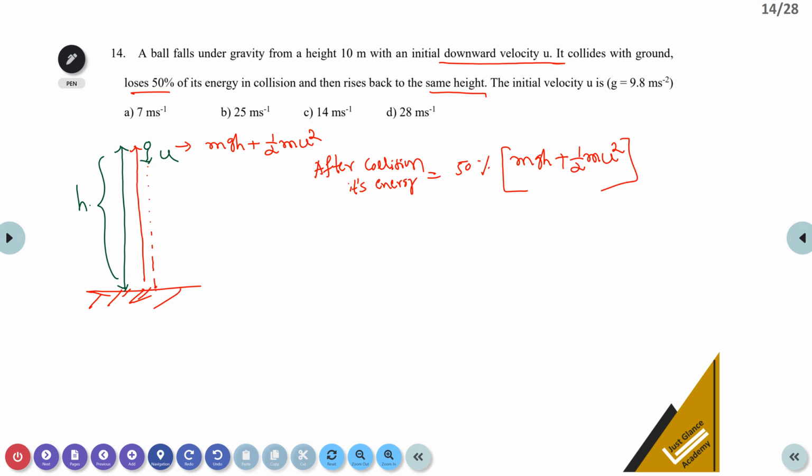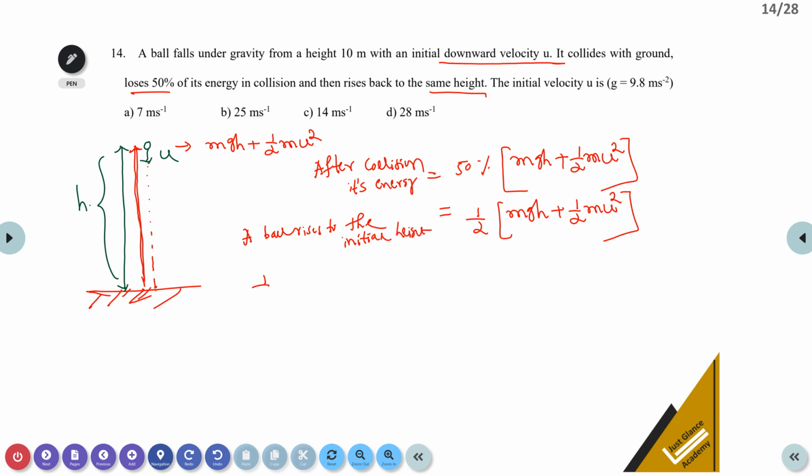So I can write it as 1/2 (mgh plus 1/2 m u square). With this energy, it will go back to the same height. A ball rises to the initial height.